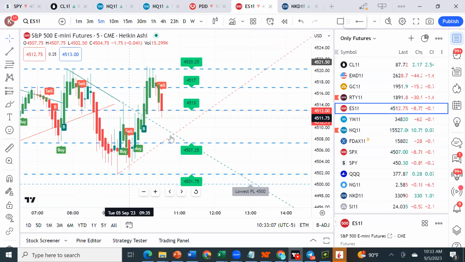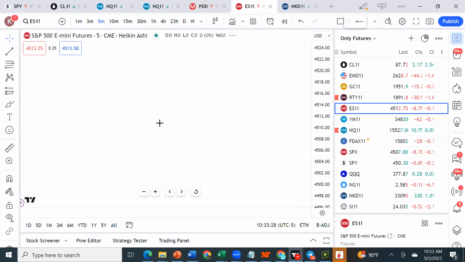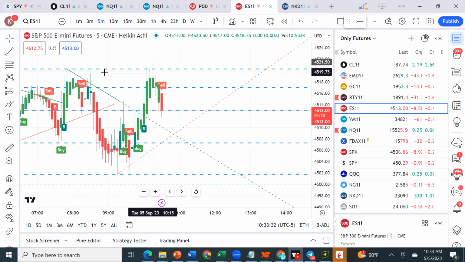So when you know it is in range, whenever it comes below this lowest point, you buy calls or take long contracts. Whenever it goes to the high point, you know that today is a range market moving in a small range, then you buy puts, or you can also take short contracts of ES.